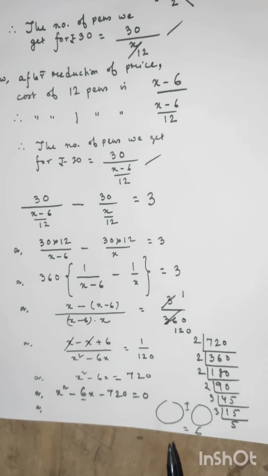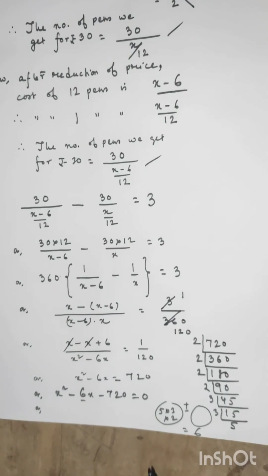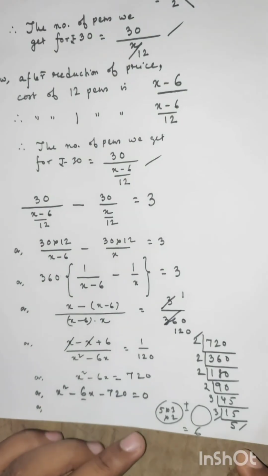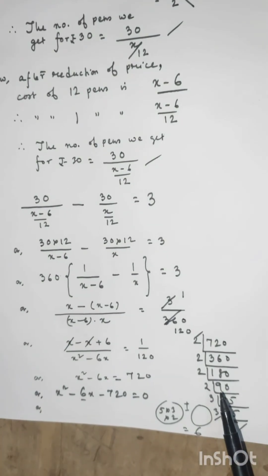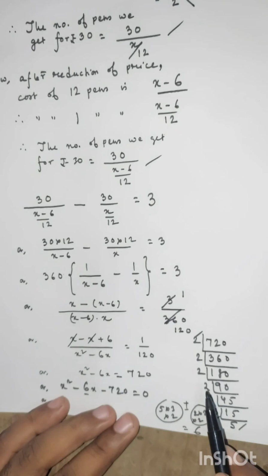Let us take 5 into 3 into 2 to the first group, and taking the remaining factors to the second group, that is 2 into 2 into 2 into 3, that is 24.